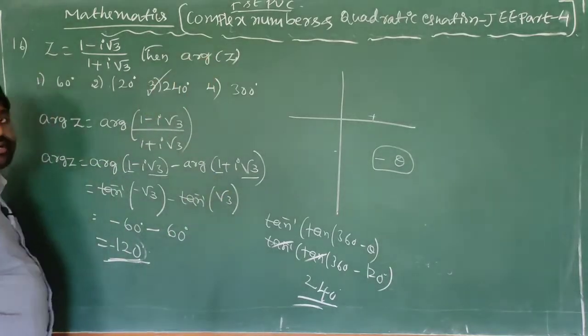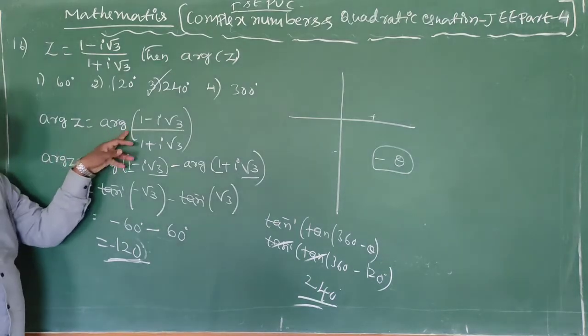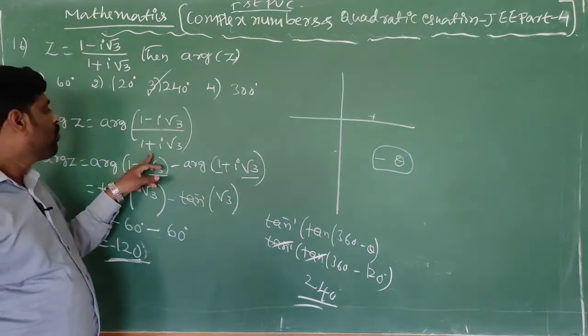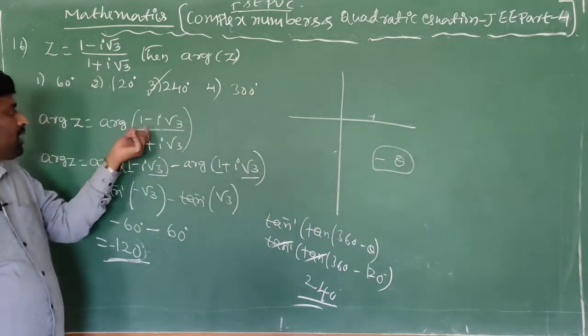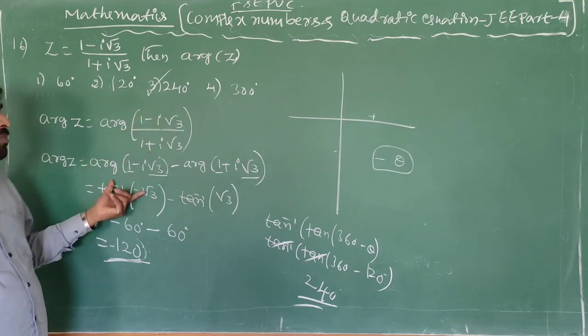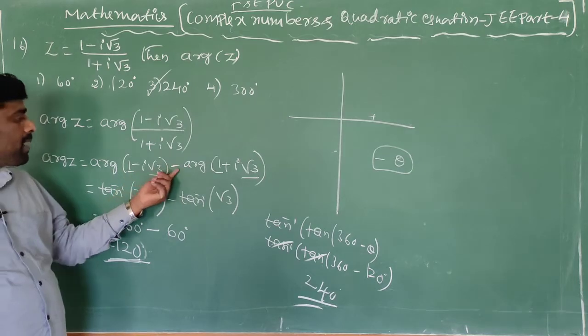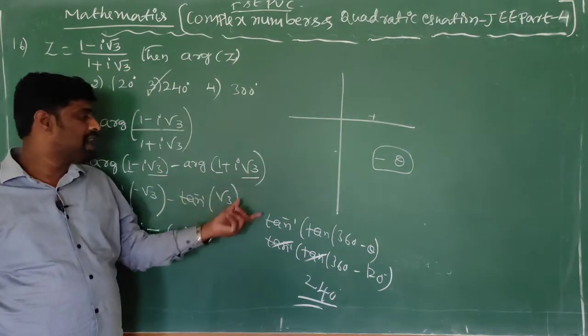Third option. You have to find the argument of Z. Argument of Z is equal to argument of (1 minus i root 3) divided by (1 plus i root 3). It is a property: argument of a by b is argument of a minus argument of b. Argument of 1 minus i root 3 minus argument of 1 plus i root 3.